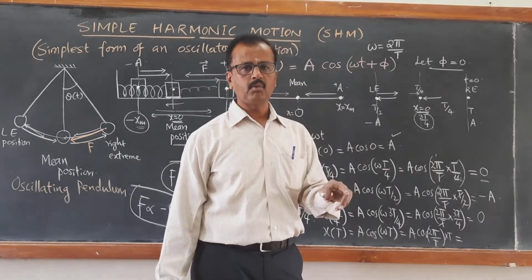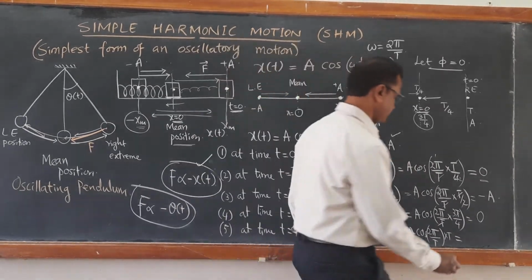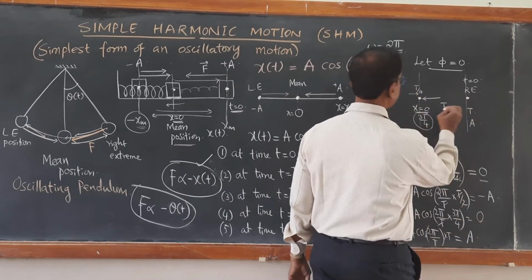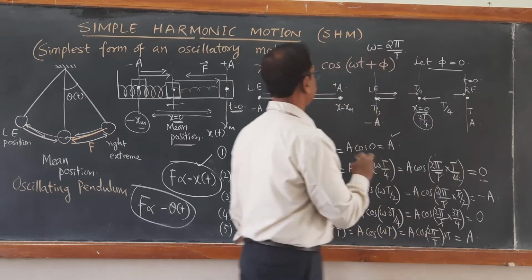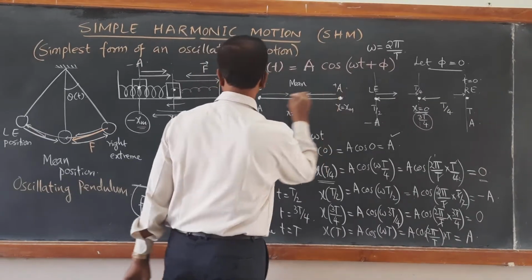Cos 0 is 1. 1 into A becomes A. So at T, you see again the particle comes back to the initial position.